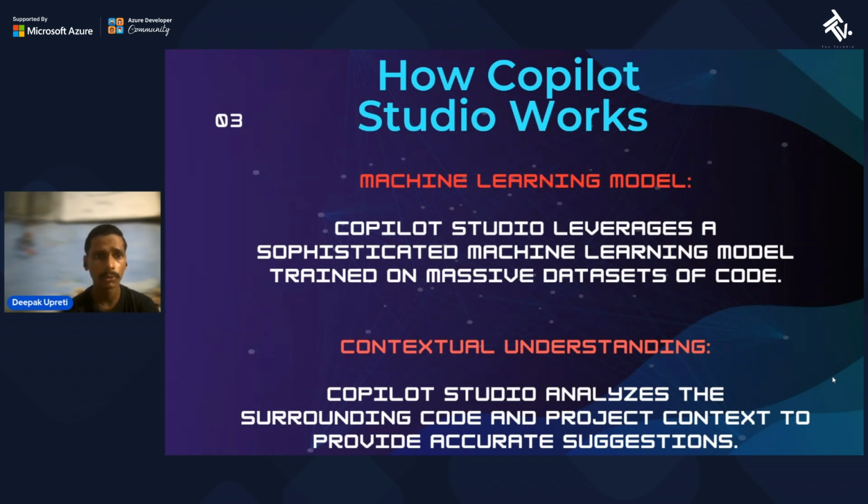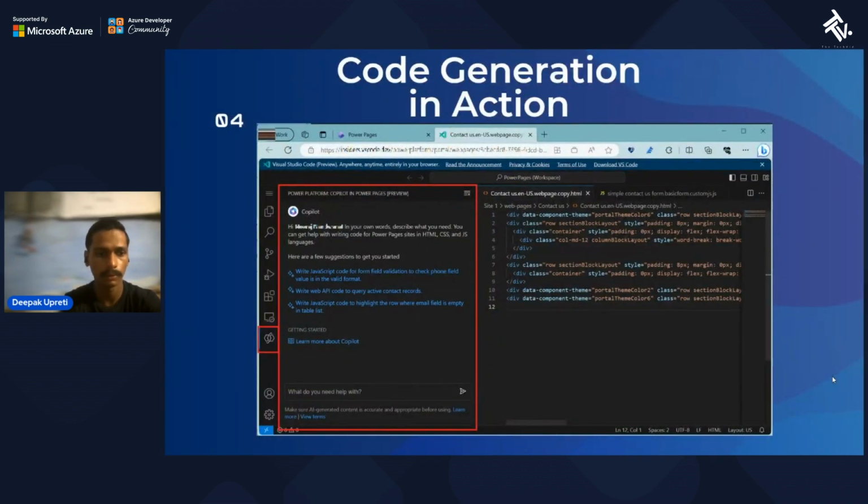But before we move on, it's important to note that Copilot Studio's ability to understand context is what makes it a truly intelligent coding companion. Contextual understanding is better for the humans. Now, in the next slide, we will learn more about this.